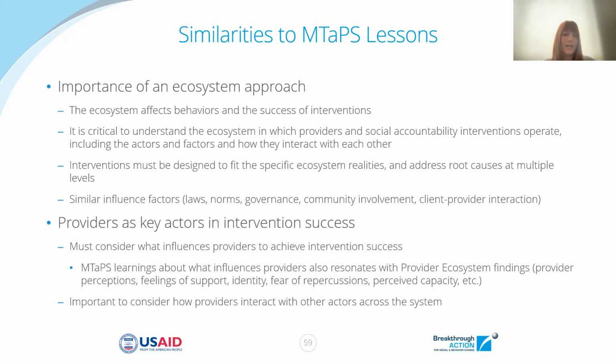The MTaPS learnings about what influences providers also really resonate with what we found in the provider ecosystem. Provider perceptions of who they are and what their role is, their feelings of support, their identity, their fear of repercussions, their perceived capacity, all of those things really are important factors. And finally, we need to consider how providers interact with the other actors across the system and really take a systems view here, and not just think about individual isolated actors.